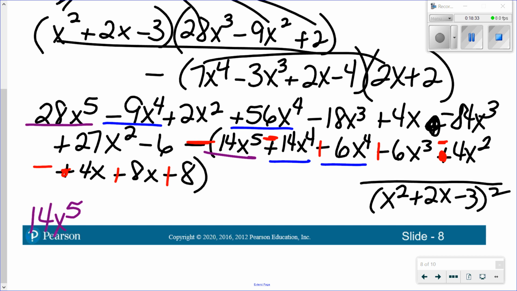So it looks like, okay, that's minus 14 plus 6. So minus 14, so that's minus 8, minus 17. You know what? Just going to do this in the calculator so I don't mess it up. Minus 9 plus 56 minus 14 plus 6. So we have 39x to the fourth.